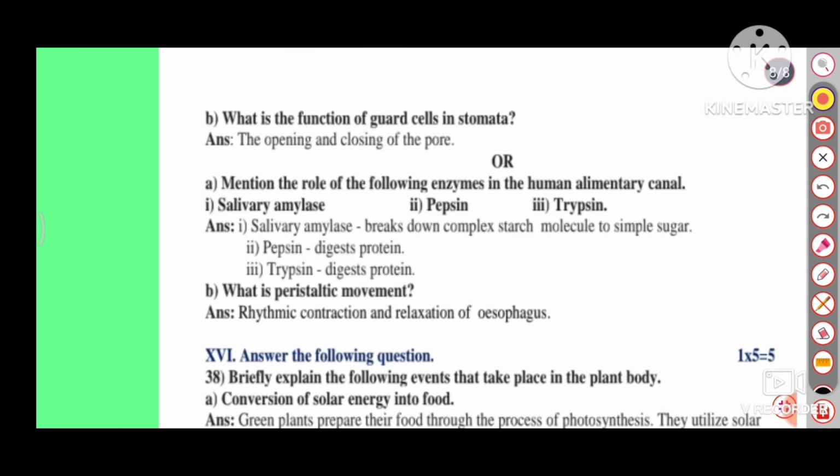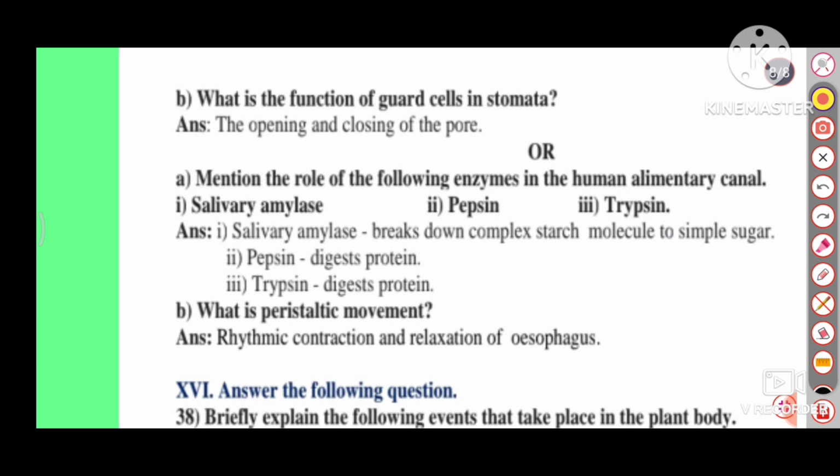Next question: what is the function of guard cells in stomata? Answer is the opening and closing of the pore. Or mention the role of the following enzymes in the human alimentary canal.